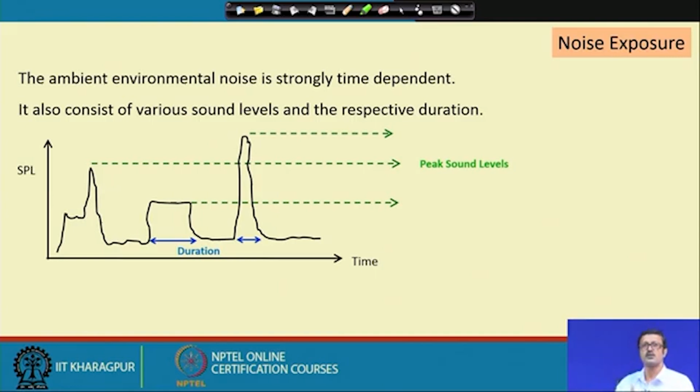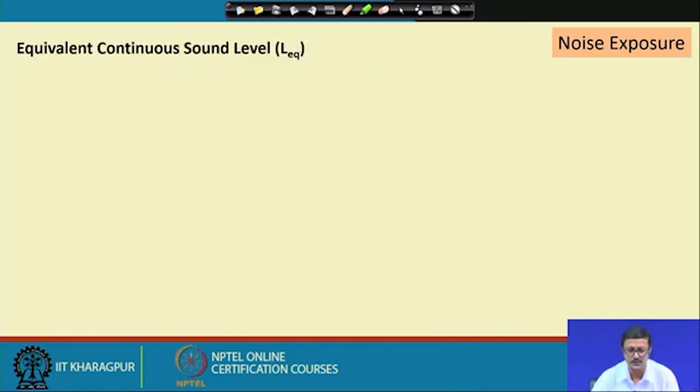This fusion between the SPL and the time is required for this kind of noise exposure. So, what we can do is find out the continuous sound level, which is the equivalent continuous sound level. A noise may be a beep, and again after some time there is a beep, and again there is another beep.